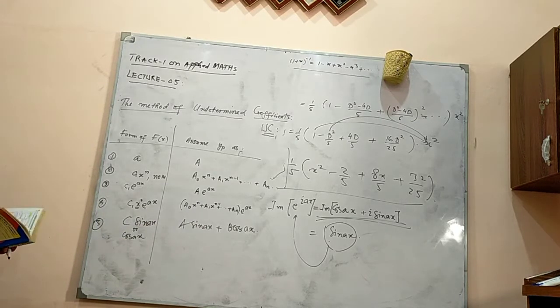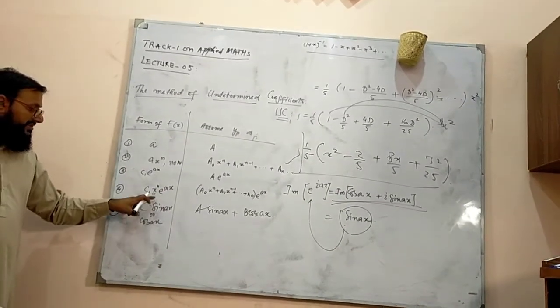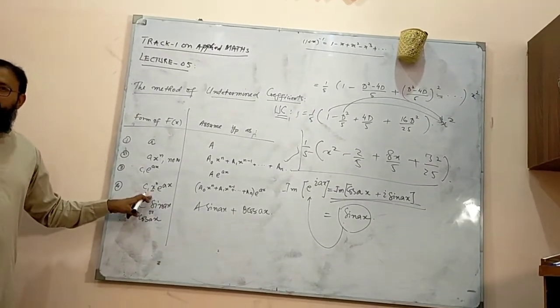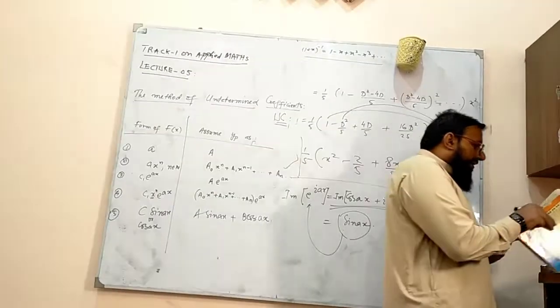Okay, then you have sine and cos multiplied by exponential, sine and cos multiplied by x, the idea would be same. So I am not going to write those things. This is the idea that we have to assume by ourselves.